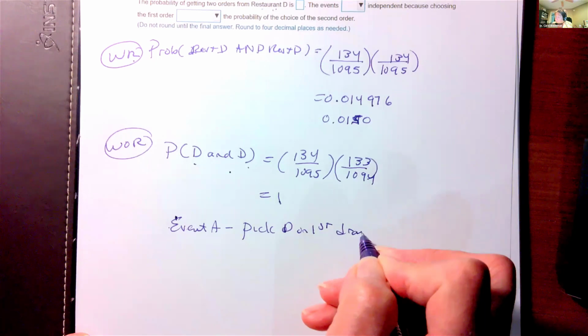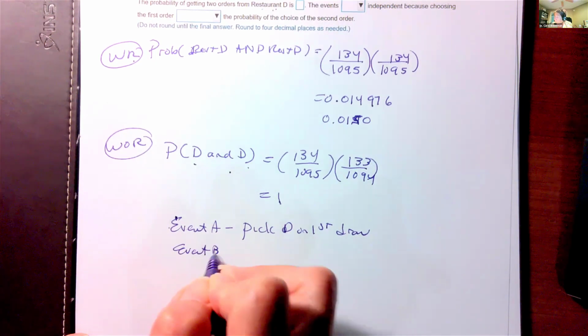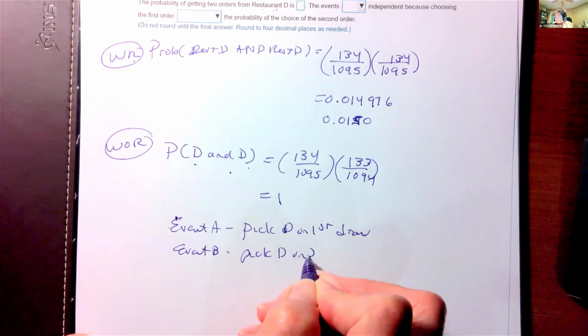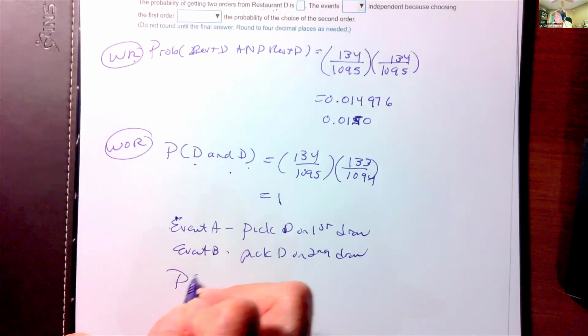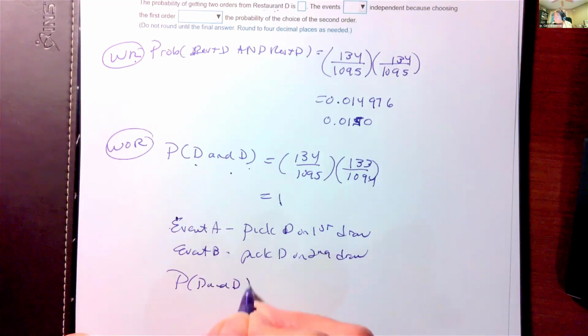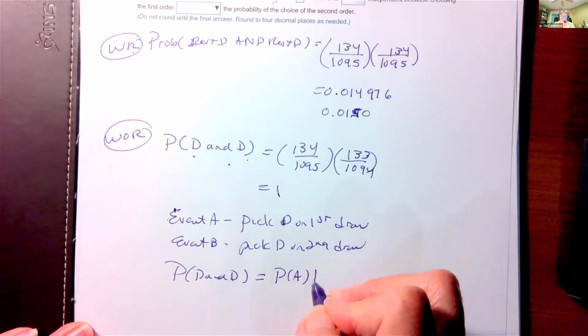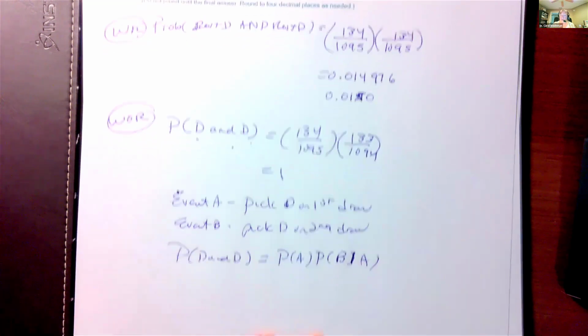And then event B will be pick D on the second draw. So the probability of D and D using the multiplication formula would be the probability of A, and then the probability of event B given A had occurred. This is the probability of A, this is the probability of B given A occurred.